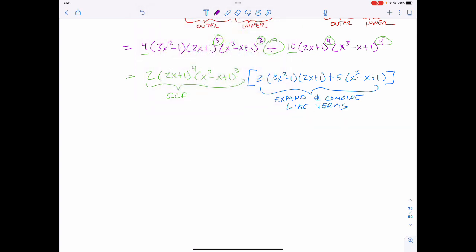So we're going to keep going. I have 2 and (2x plus 1) to the 4, and (x cubed minus x plus 1) to the 3. And then I have 2, and I'm going to have 6x cubed plus 3x squared minus 2x minus 1 plus 5x cubed minus 5x plus 5.